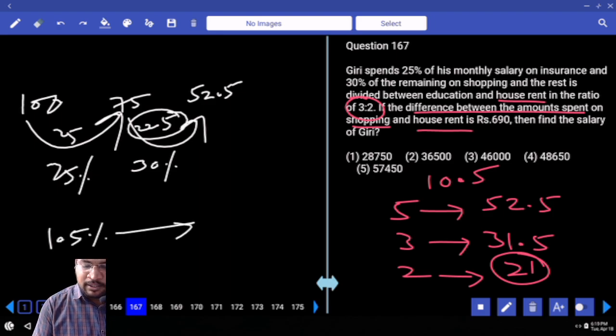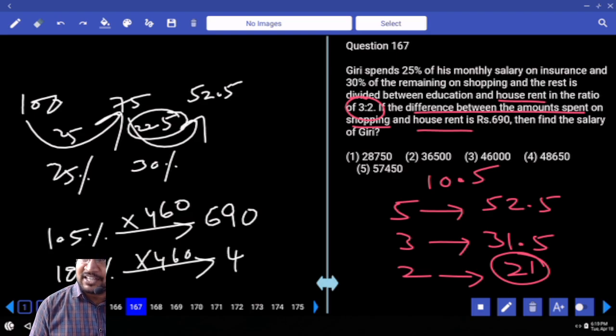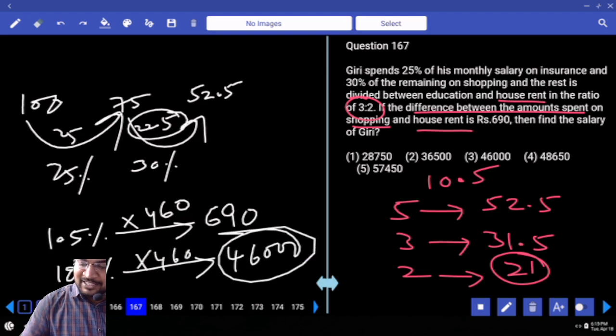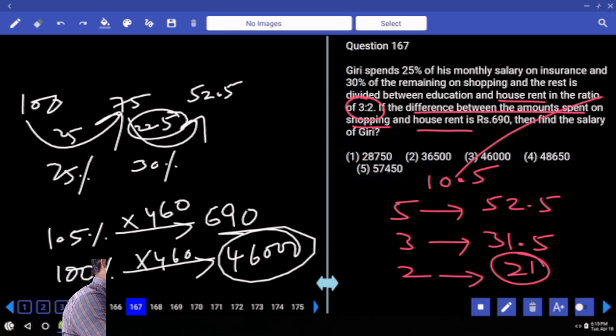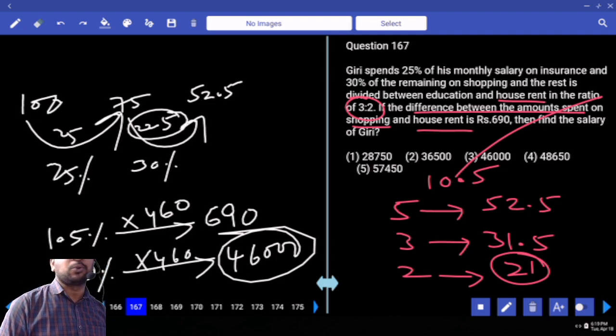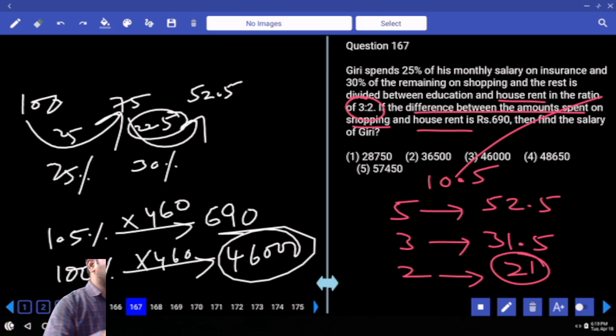Now we need 690, so 1.5 how many times? 460 times. 460 times of 100 is 46,000. Your answer is 46,000. 1 times 460 is 460, half of 460 is 230, and 230 plus 460 is 690. Are you clear?